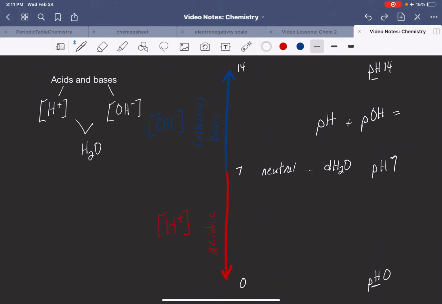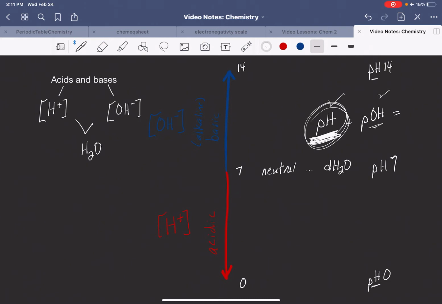What we tend to focus on is this value here. But if you are a chemistry major, if you're working in a lab, understanding pOH, it's sort of conversely so that if you understand this one, you understand this one. But understanding the concentration of both relative to what's in the solution is very important. For our purposes, we'll be mostly focusing on pH.